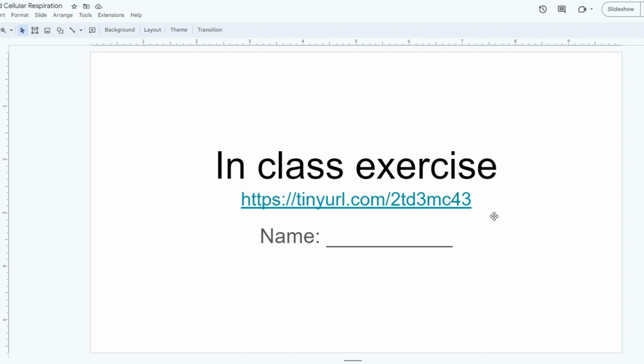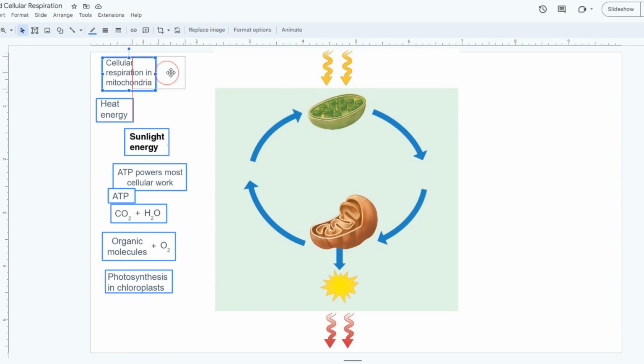Just type this into your browser. It'll give you access to this presentation. You'll have to download it. So it'll come up, and you won't be able to do anything with it at that moment. You can save it, so you basically make a copy of your own. And once you have your own copy, you can literally move these things around.